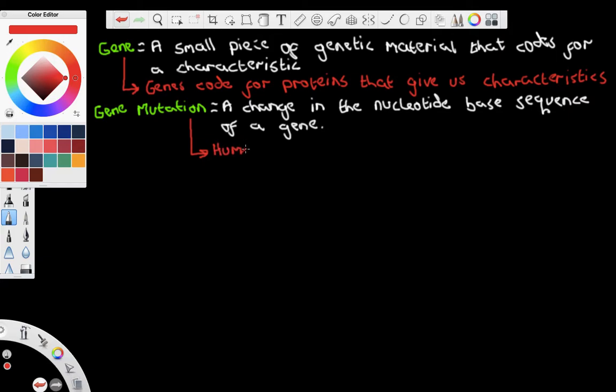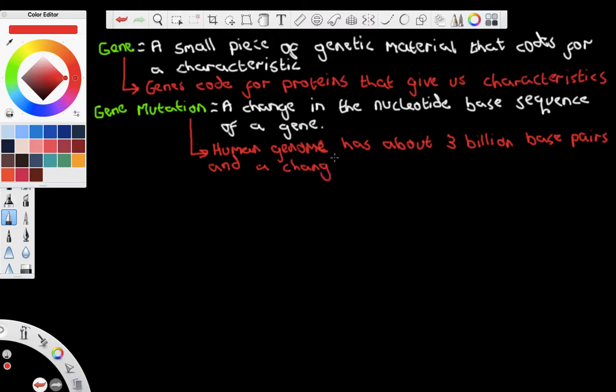The human genome has about 3 billion base pairs, and a change to just one of these bases can alter proteins made.